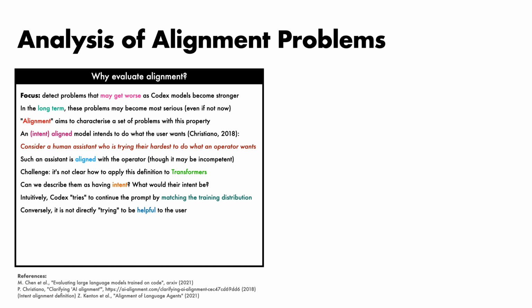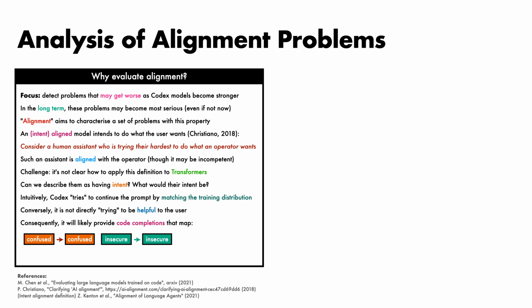As a consequence of its goal of matching the training distribution, it's likely that Codex will try to complete confused code with confused code, complete insecure code with insecure code, and complete biased code with biased code. Moreover, due to the presence of such code in the training distribution, it will also intentionally introduce these flaws at some rate, even for good prompts.